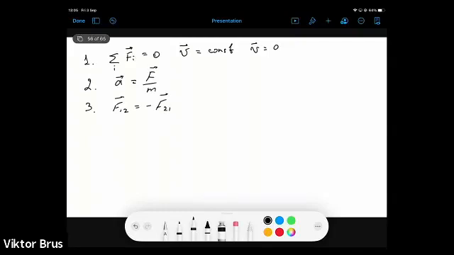So these three laws of motion are important to remember, and now we will consider different applications of the laws of motion.